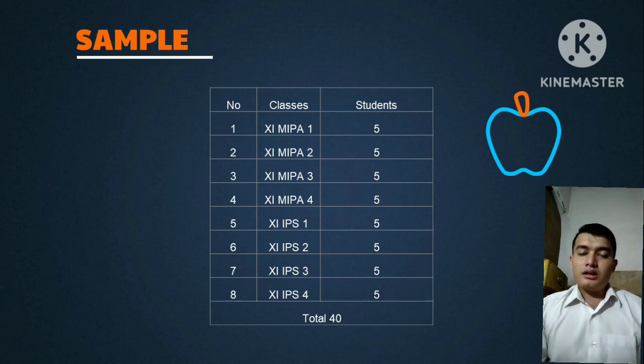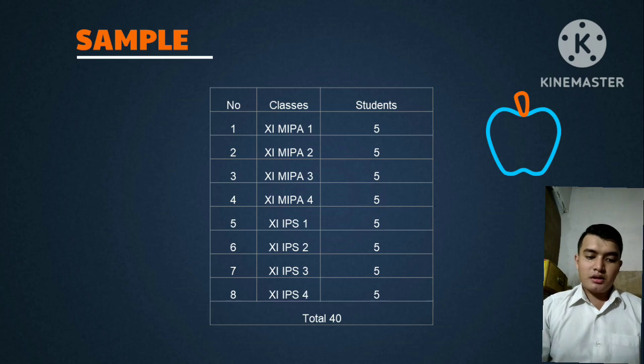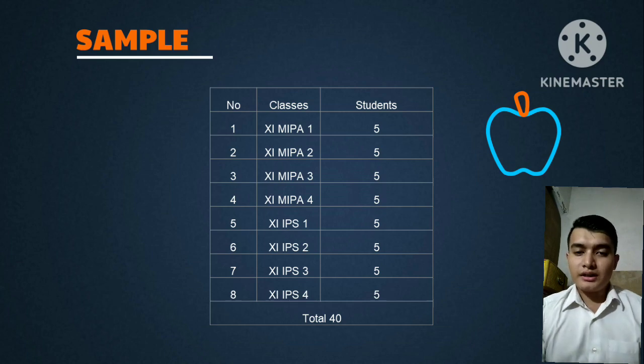So because the population is more than 100 students, the researcher will take just 15%. It is about 40 students divided into 8 classes, so each class has 5 students.